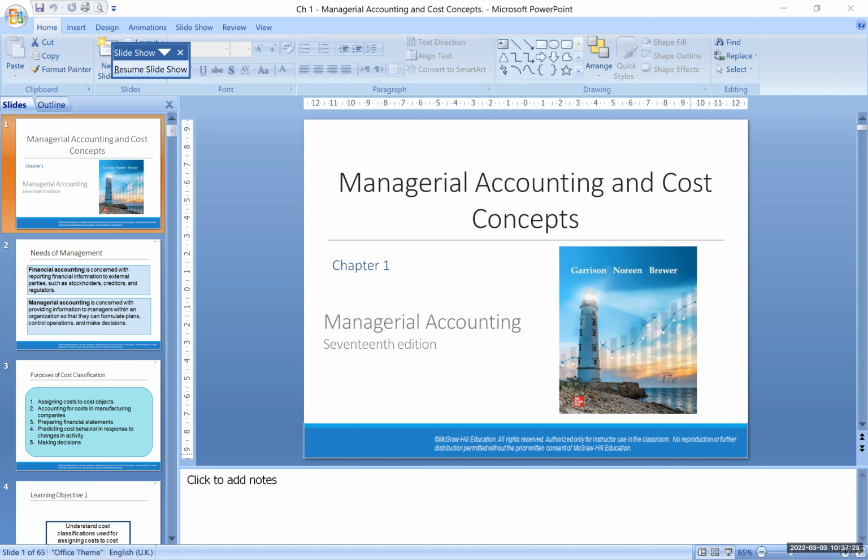Property taxes on corporate headquarters. Look at this word, property taxes, but we're talking about corporate headquarters, not the factory property or building, which means this will be administrative. So number B will be a period cost. Direct materials costs, no, this will be a product cost.